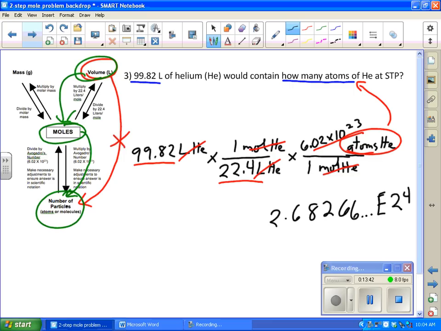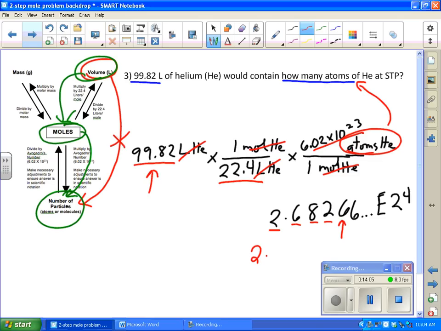Ask yourself, how many significant figures do I need to have in this answer? And you'll look back to the original measurement, which had 4 significant figures. So we are going to round off to 4 significant figures. Notice the 6 after the 2 here, which means that we have to round up that 2 in the thousandths place.